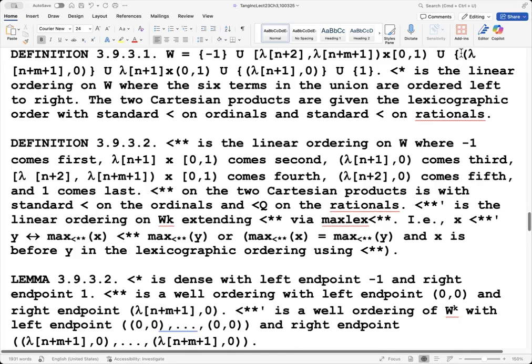The transfinite recursion starts here, because this is the one that starts with 0, comma, 0, you see.